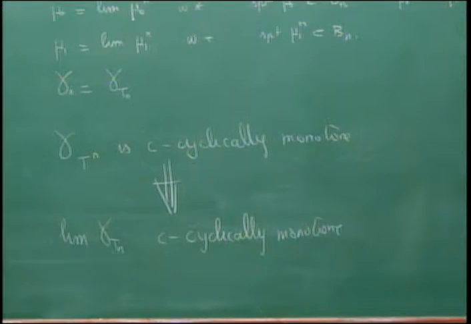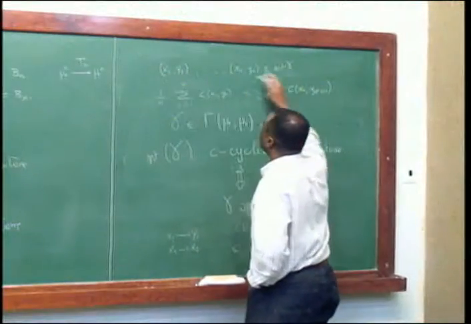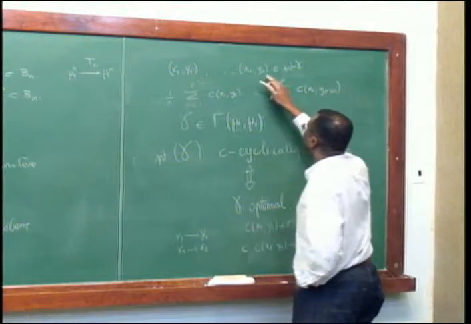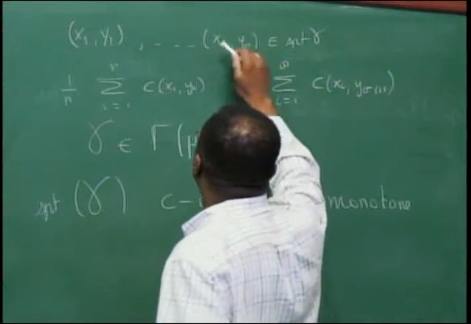And so the limit is optimal. Right? So what one is going to do for the limit is, if I take (S1, Y1), ..., (Sn, Yn), n is not good, let me call it K.